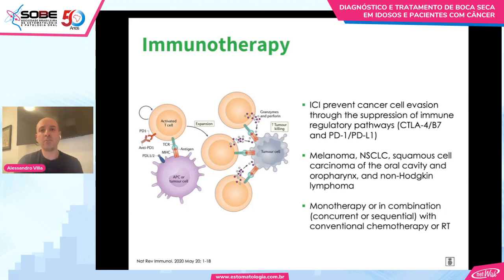Immune checkpoint inhibitors work by preventing cancer cell division through the suppression of different immune regulatory pathways like PD-L1 or PD-1, to name a few. They can be used either in combination with conventional chemotherapy or radiation therapy, or as monotherapy to treat some of these cancers.